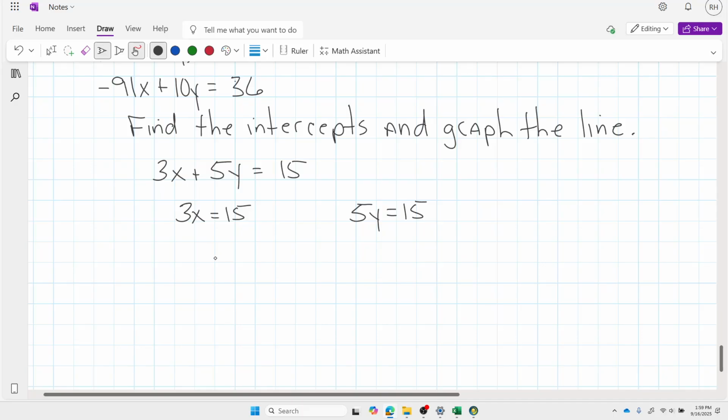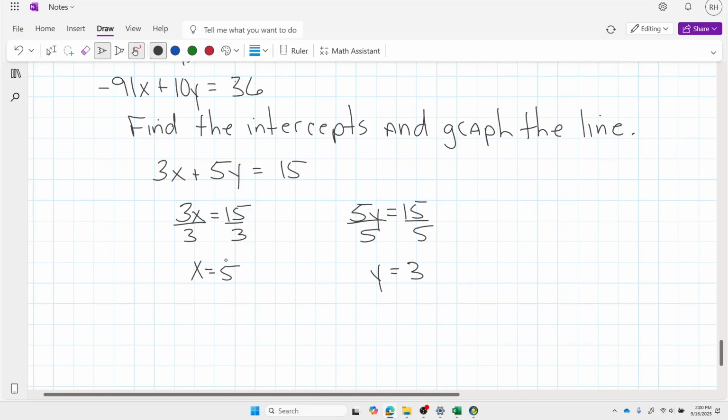So solve for both variables. We get an x that's equal to 5, and a y that's equal to 3.